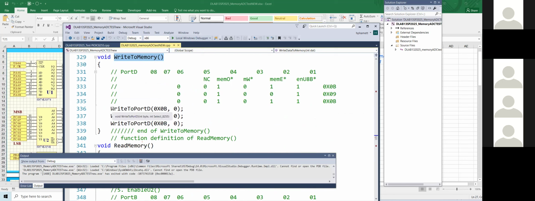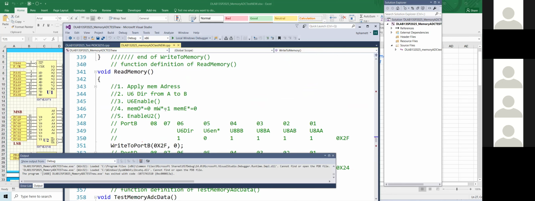That's why you have to write port D 0x0B, then 0x09, 0x0B. That means you want it to be 1 first, 0, then 1 again. So data will be loaded into the memory you want.